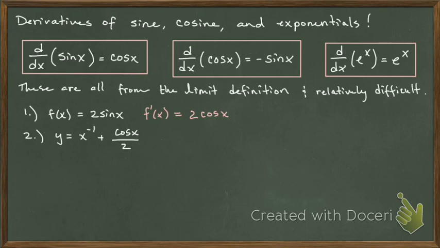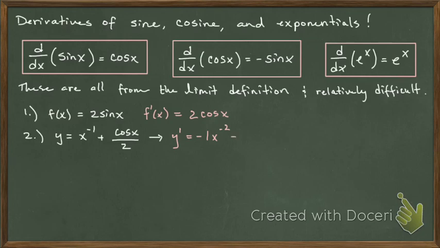Y equals x to the minus 1 plus cosine x all over 2. Okay, so all of my cosine function there is divided by 2. I can handle x to the minus 1, no problem. That should be a minus 1 x to the minus 2. But the cosine x over 2, that's the same thing as 1/2 times cosine of x.